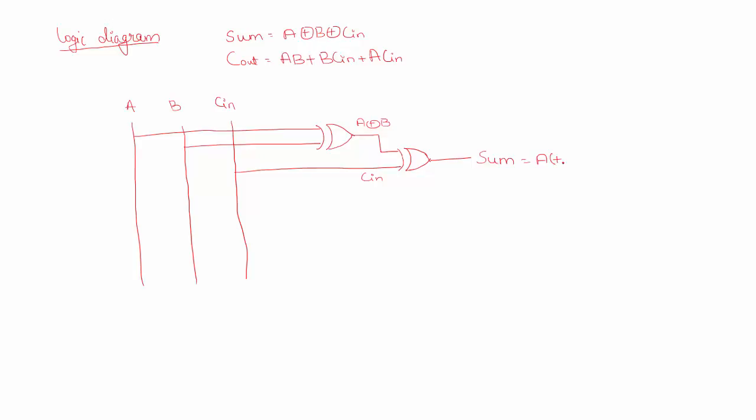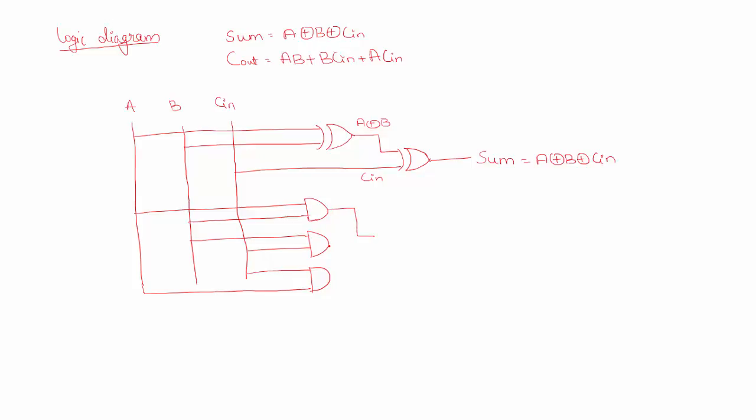The sum will be A XOR B XOR C in, and for carry it will be this, this will be C out.